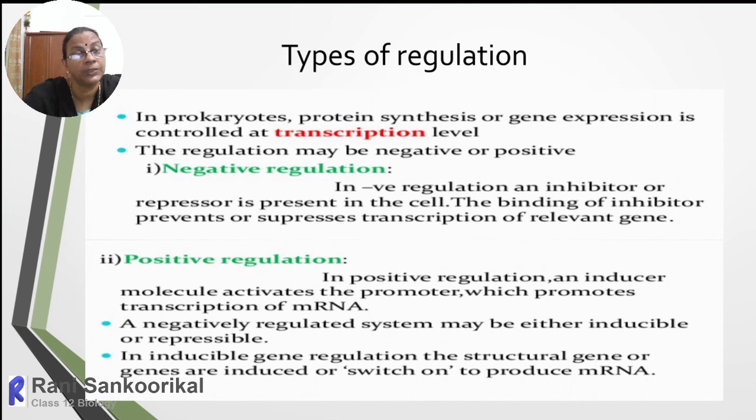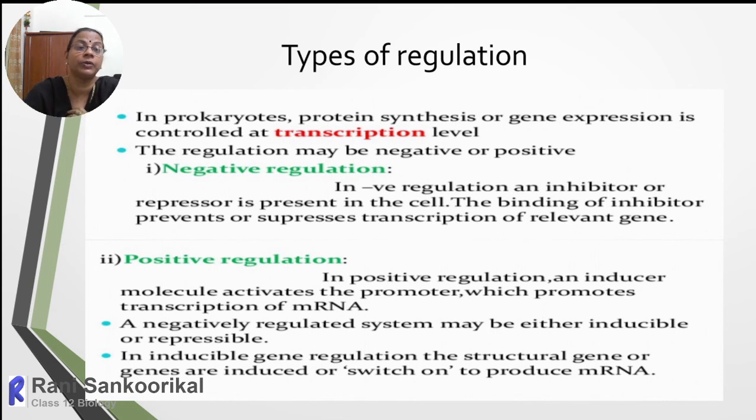In the presence of glucose, glucose itself acts as the source of carbon, because lactose has to be broken down into glucose and galactose, and the energy requirement is more.